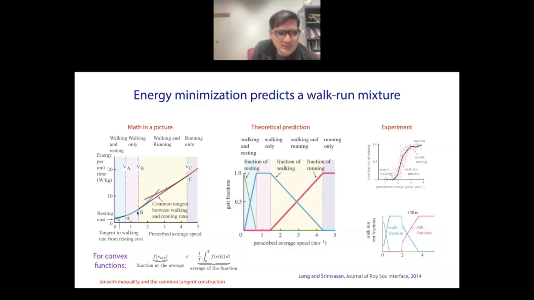And so I guess this is the so-called Jensen's inequality for convex functions, which says that for convex functions, if you switch between two points, the function of the average is always less than the average of the function, which is the definition of convex functions. But when you have non-convex functions, like things that go up and down again, you can basically jump between the two minima, crudely speaking, to do better than either one of the two minima.